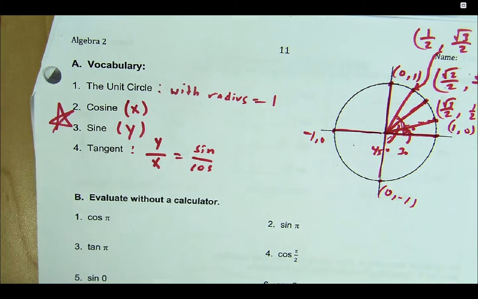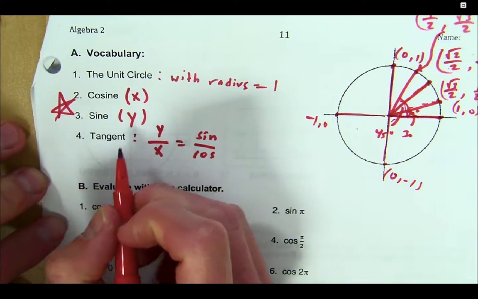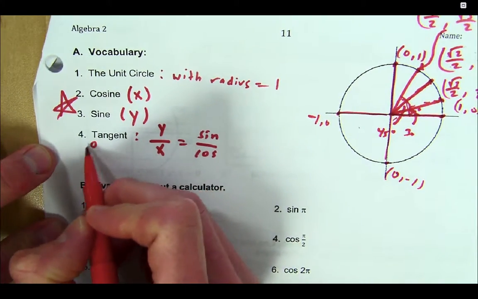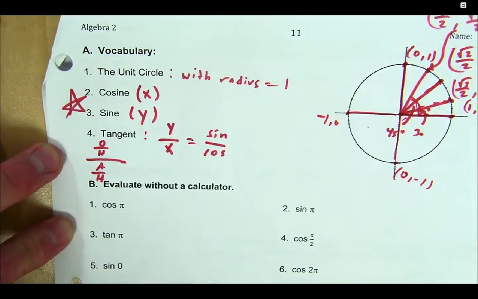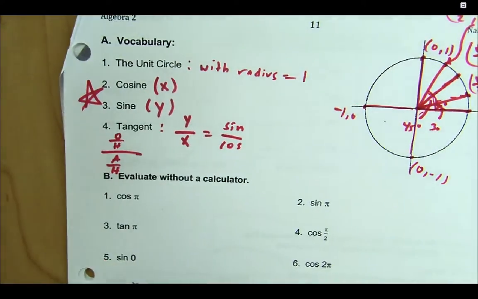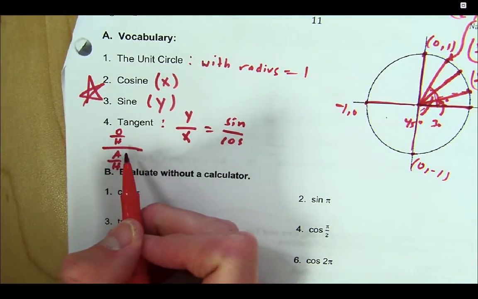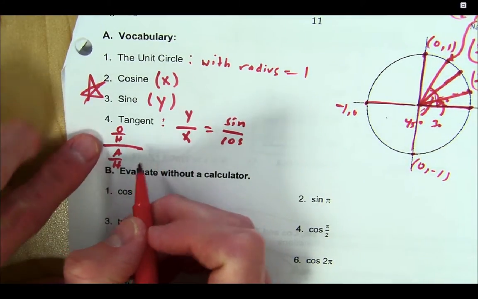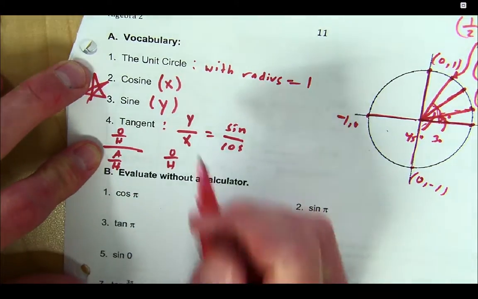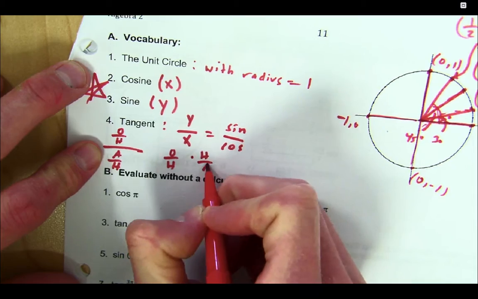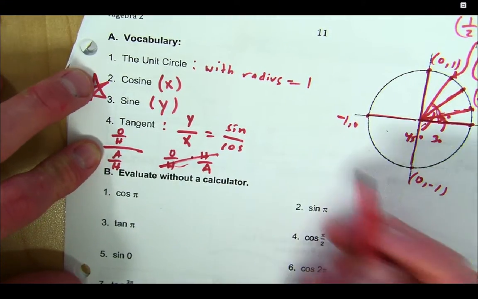And just real quick, why is that actually true? Well, remember, sine is O over H, and cosine is A over H. So if you don't believe me, here's the proof. We don't divide by fractions, we multiply by the reciprocal. So rather than O over H divided by this, multiply by the reciprocal, which is H over A. The H's cancel out.